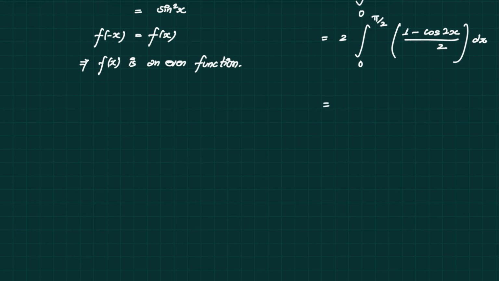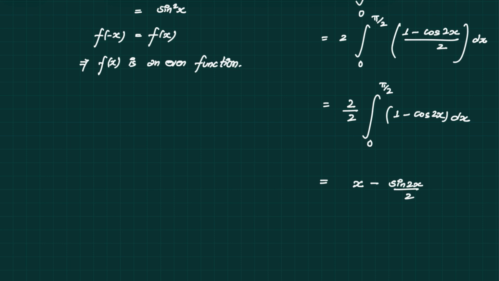So it equals 2 by 2, the constant, integration from 0 to pi over 2, 1 minus cos of 2x dx, equals 2 by 2 is 1. Now integration of 1 dx is x minus integration of cos 2x is sin 2x by 2.